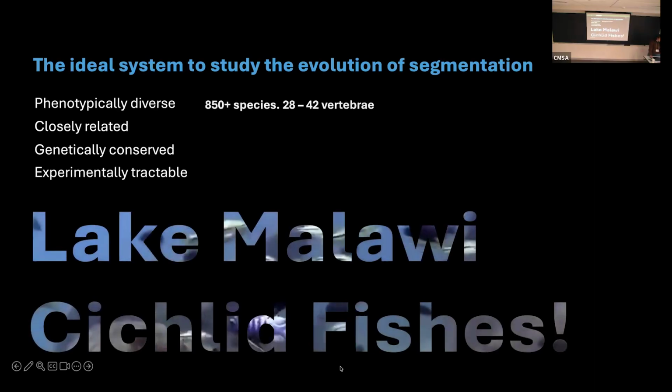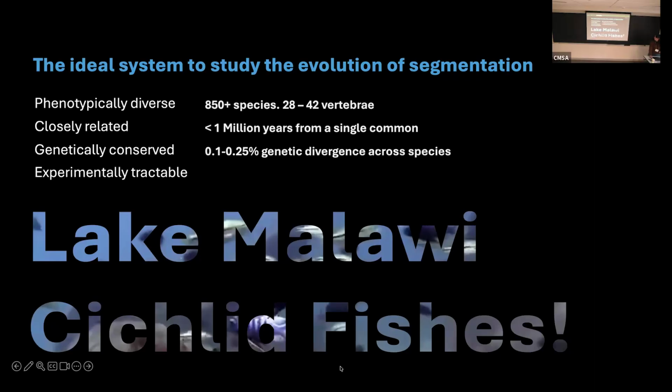In the Lake Malawi radiation there are more than 850 species with vertebral counts between 28 and 42. They are very closely related, having all evolved less than 1 million years ago from a single common ancestor that is still sympatrically evolving in the lake, so you have the common ancestor still there and in the lab.